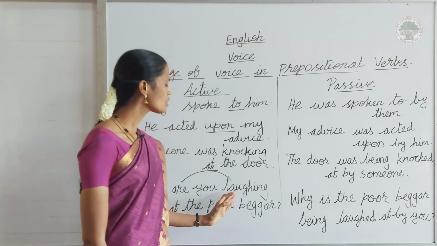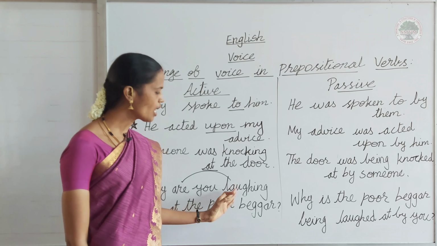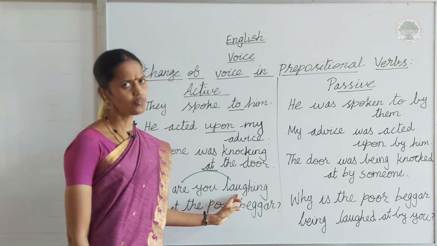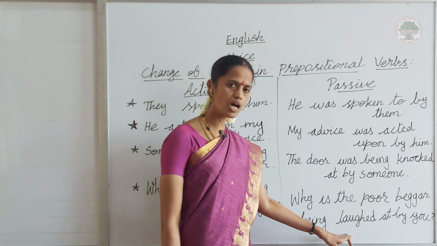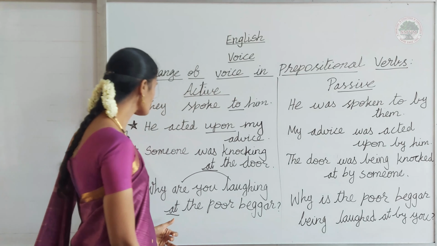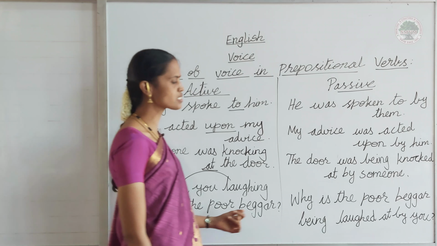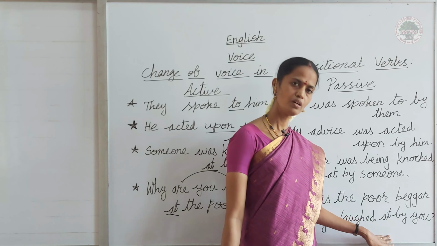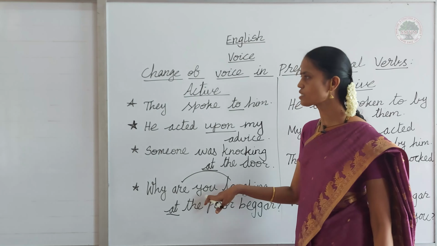Then "laughing", verb 1 of "laughing" is "laugh". We have to change that verb 1 into verb 3. So verb 3 is "laughed". Then what about the preposition "at"? So the preposition as it is we have used here. Okay, "at", then "by". What about the subject here?